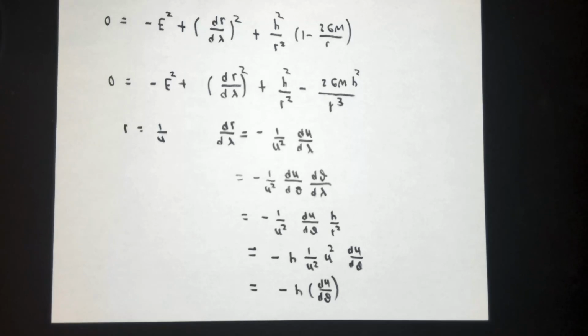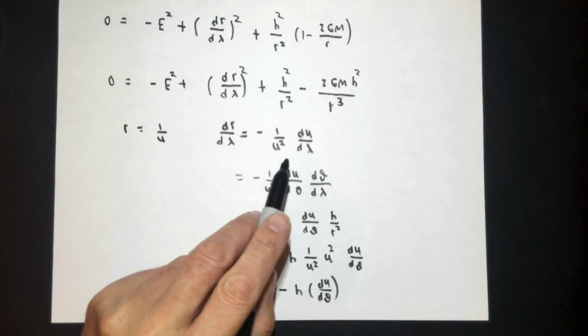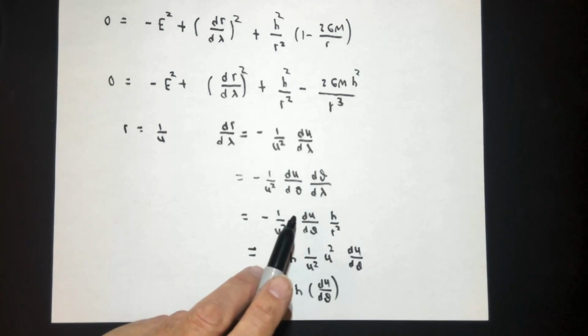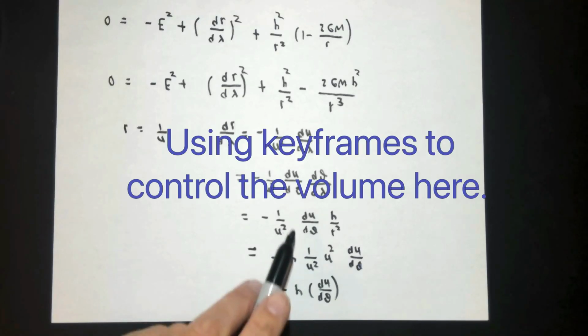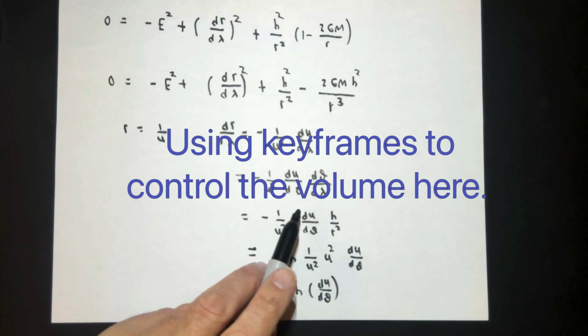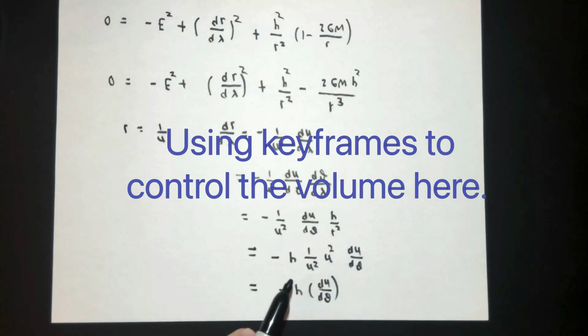By the chain rule, dr/dλ is -1 over u squared times du/dλ, but du/dλ is du/dθ times dθ/dλ because of the chain rule. Because of the conserved quantities, though, dθ/dλ is h over r squared, which is h times u squared. So dr/dλ ends up being the negative of h times du/dθ.